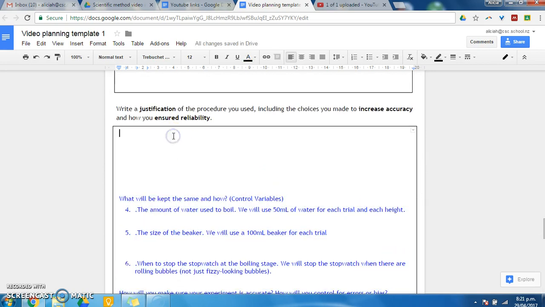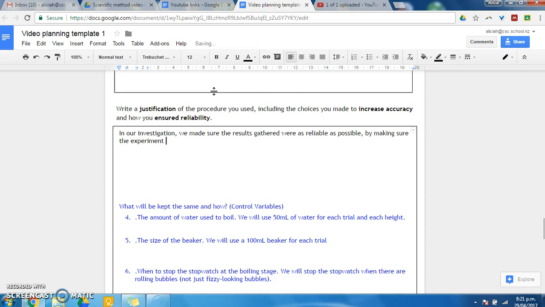Okay, so first of all, justifying the procedure that we used. So we'll start by saying something along the lines of, in our investigation, we made sure the results gathered were as reliable as possible by making sure the experiment was a fair test.